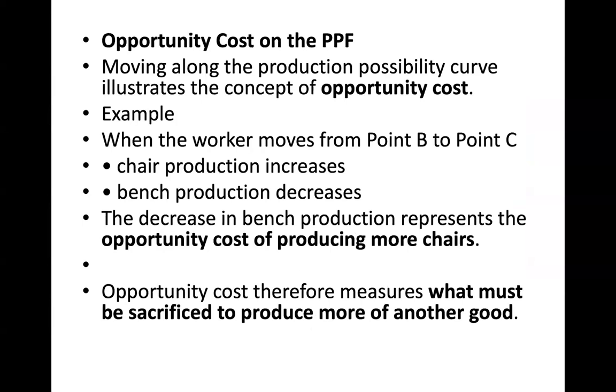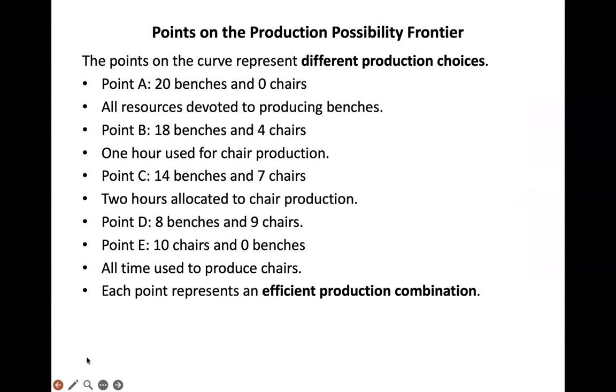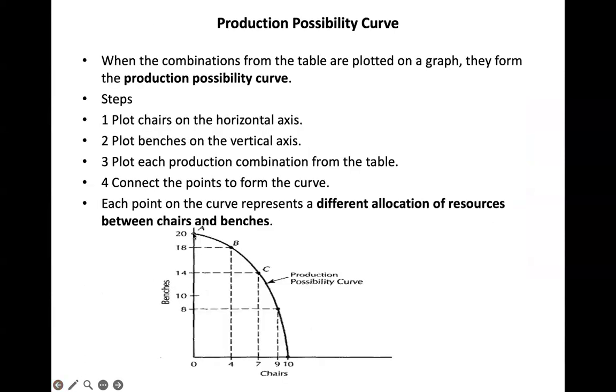So on the graph, you can see that initially the person produced 20 benches but 0 chairs. But coming to 18 benches, he has forgone what? 2 benches. When he produced 18 benches but 4 chairs, he needed to forgo 2 benches.